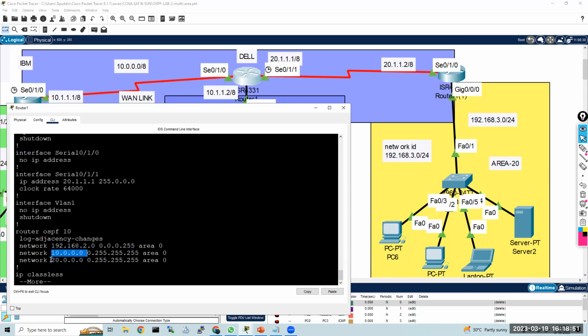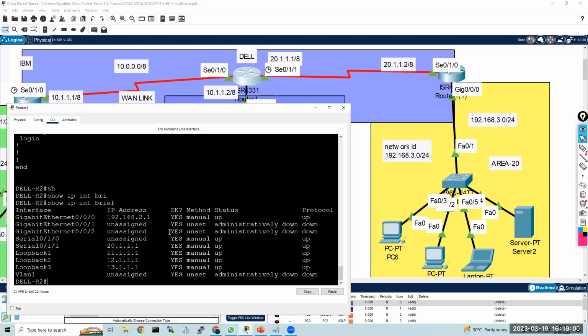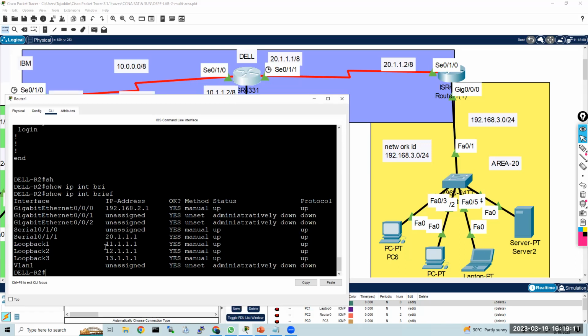The 10 network and the 20 network. Okay, let's check the interface. Show IP interface brief. The 2 network is perfectly configured.